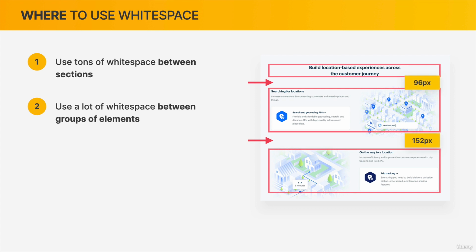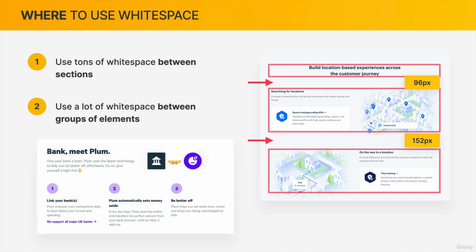And it is not little white space. So we have 96 there between the heading and then that first block of content. And then there is 152 pixels between these two rows. So it looks like it's a lot of space, but again, this is actually exactly the space that is needed to make this look clean and polished.